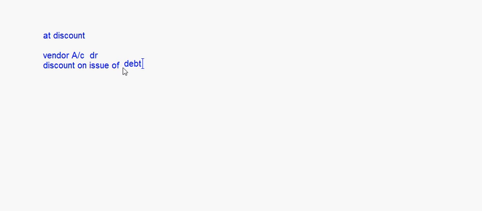Discount on issue of debentures account, this is also debit. Then here you will have 9% debentures. Now the vendor account, the amount we know is the purchase consideration 1,35,000.